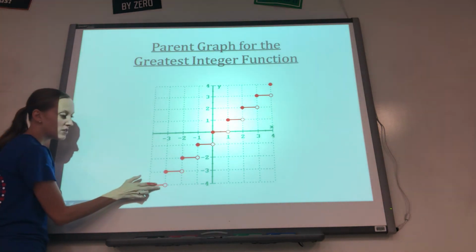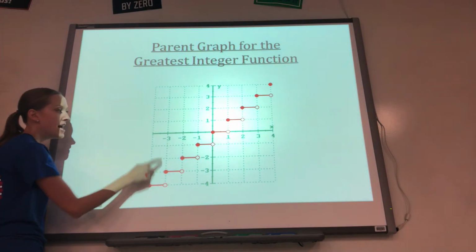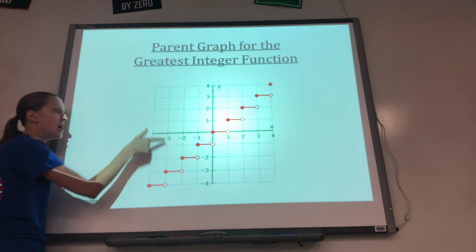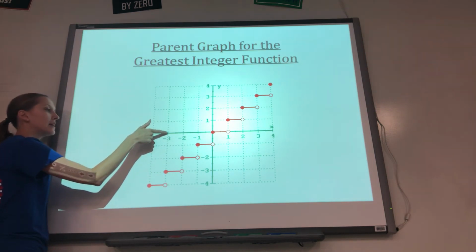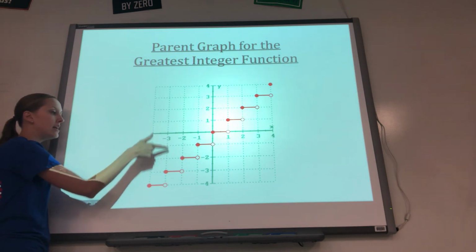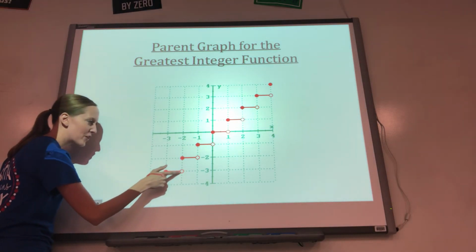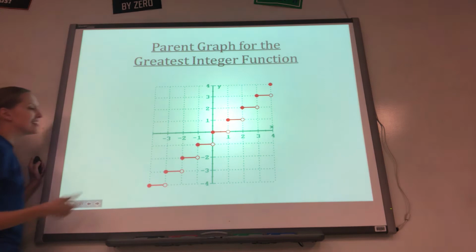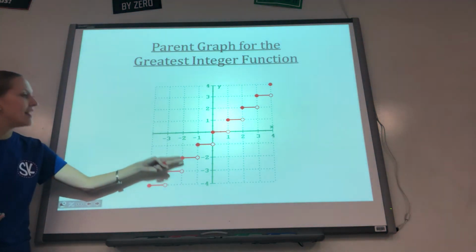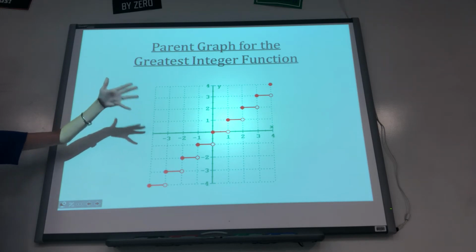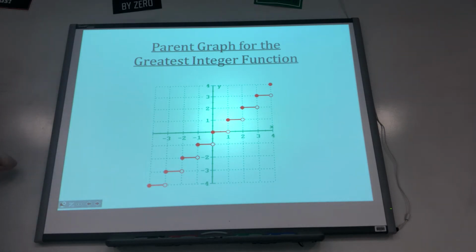You continue to be at negative 4 until you get to the x value of negative 3. The greatest integer less than or equal to negative 3 is negative 3. And it continues to be negative 3 until you get to the integer negative 2, and it jumps up. So again, it's kind of like a step function. That's just how it works.